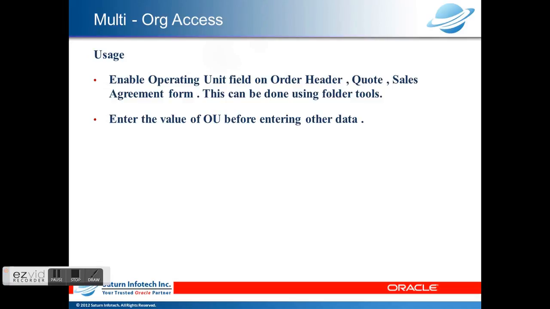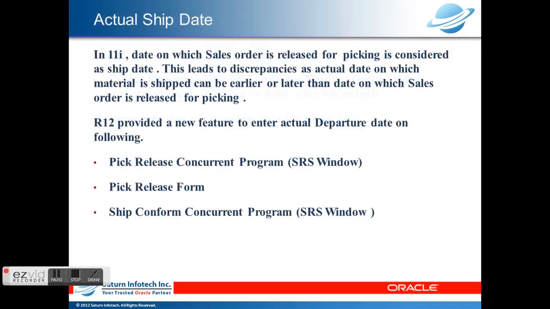So we can drag an operating unit field and use that field for the multi-org access feature. We can enter the operating unit value initially so that the other field values will get defaulted with respect to the operating unit field.